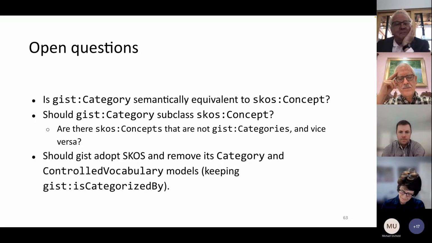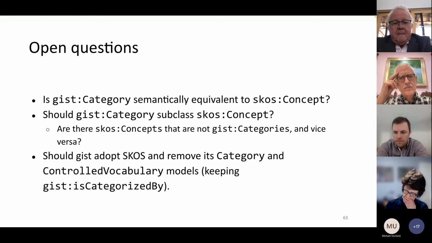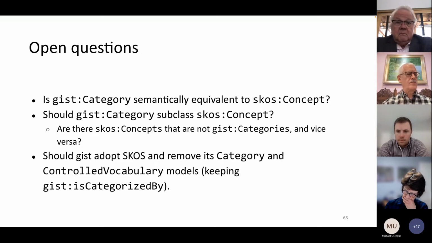Well, you care only in the sense that the number of inferred assertions kind of balloon on you. Potentially. So it could be a performance drag if we rely solely on SKOS and do not give people the existing category thing. I kind of agree with Michael.